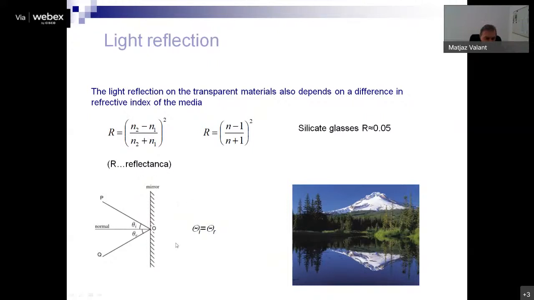Different materials therefore have different intensity of reflection, and reflection happens in a way that the angles between the light beam and the normal axis are equal on the incident and reflective sides.